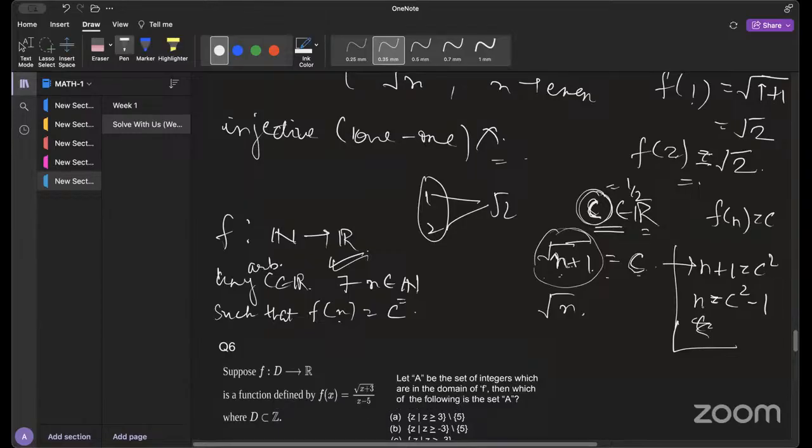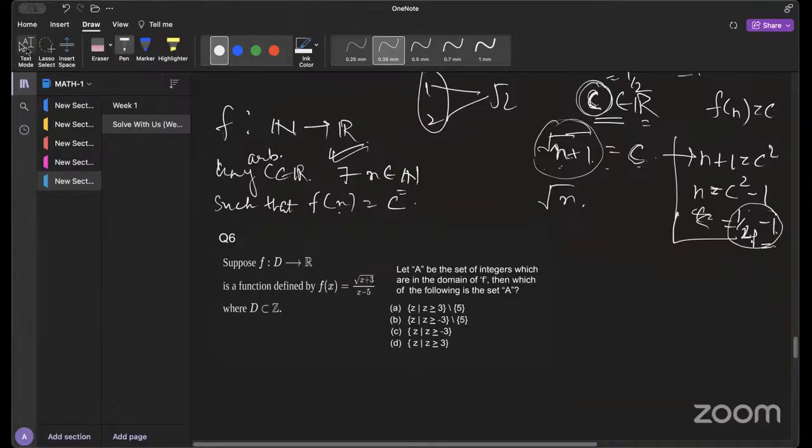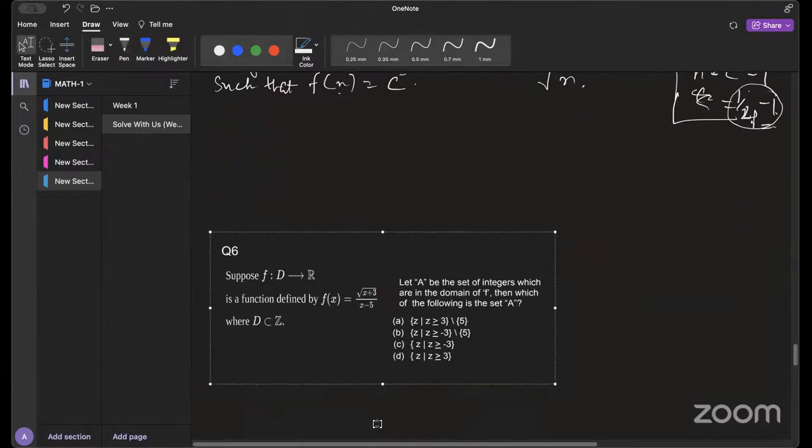Then there does not exist any n such that Fn is equal to half. Why? Because if you put half here, half square will be 1 by 4, minus 1. This should have been the n such that Fn is equal to C. But this is not a natural number. Is this thing clear to everyone?